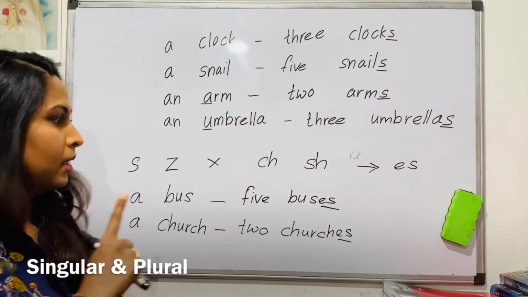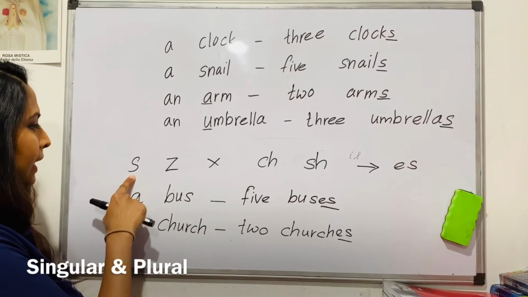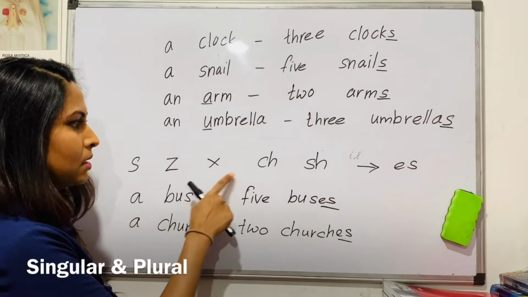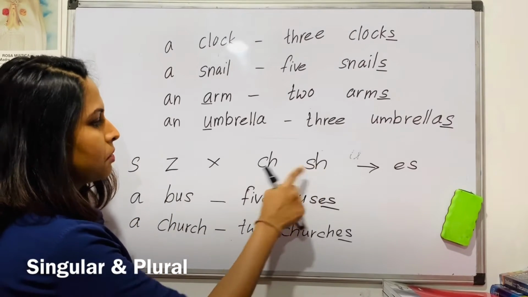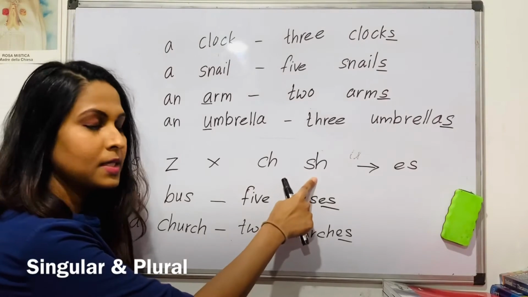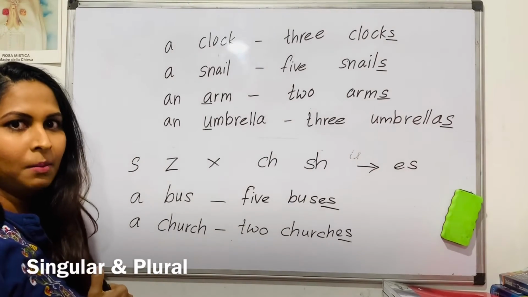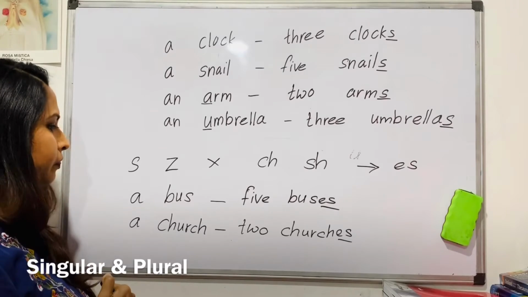So remember, if the word ends in S, Z, X, CH or SH, you have to add ES but not S.